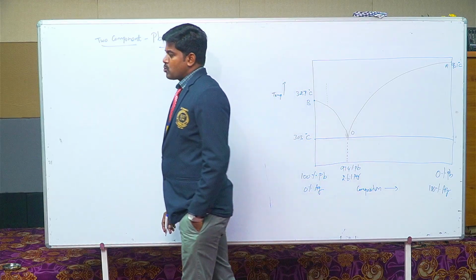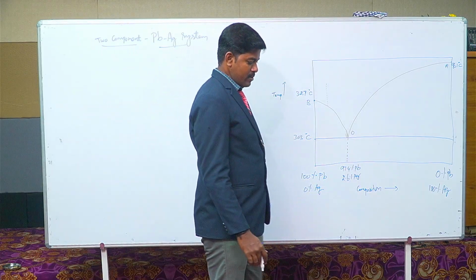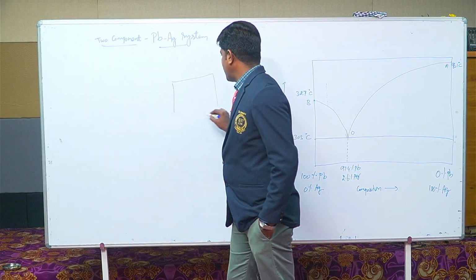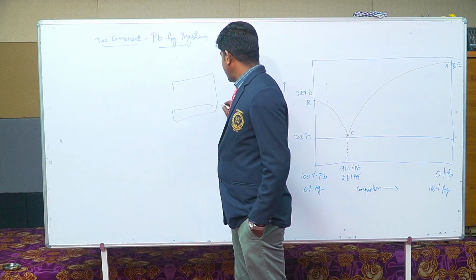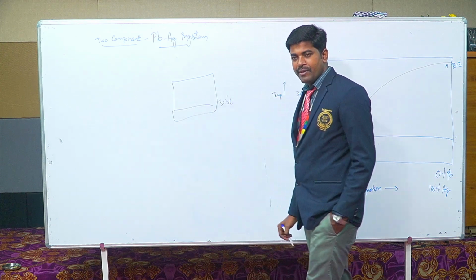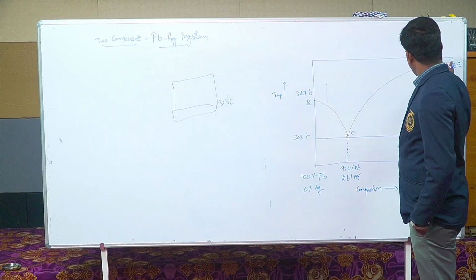Usually, students make one common mistake while drawing the phase diagram in the examination. What do they do? Simply they draw a square and mark everything as a perfect 303 degrees centigrade. See here, what is the freezing point of lead? 327. Here it is 961.